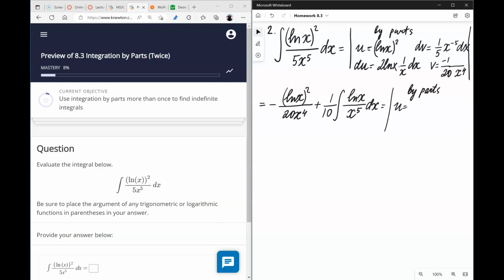So u is ln x, du is 1 over x dx, dv is x to the negative 5 dx. So v is going to be negative 1 over 4x to the power 4.